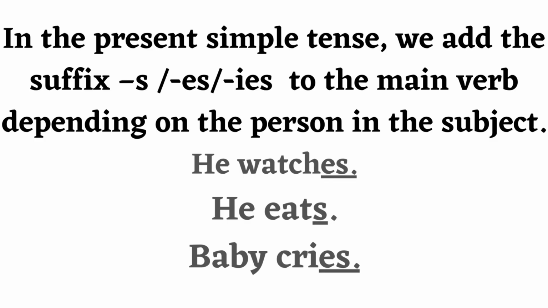Another important thing we need to note about the present simple tense is that we add the suffix s, es, or ies to the main verb depending on the person in the subject. I am going to explain with the examples how we do this. For example, we say he watches, he eats, baby cries. Let us look at the first suffix es.